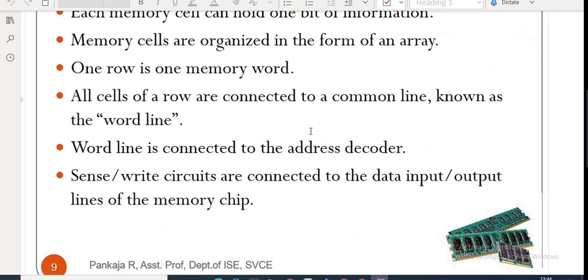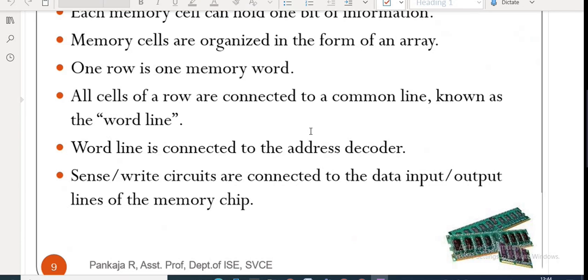Whichever word gets activated, you are going to perform either a read or write operation. Read means that if this line is activated, whatever information the cell contains, bit 0 or 1, is read and sent to the data lines. From the data lines, it is sent to the processor.